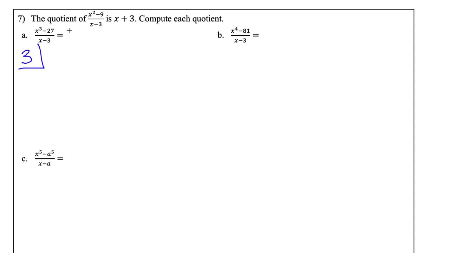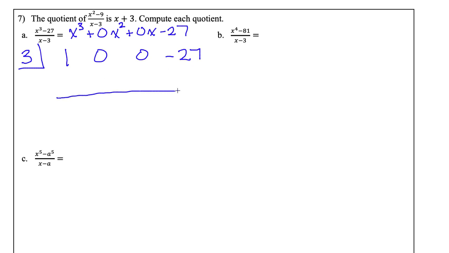Let me write this one out before I even begin my synthetic division. This is x to the power of 3 plus 0x squared plus 0x minus 27. So now it makes it much easier to figure out my coefficients for my synthetic division. My coefficients are 1, 0, 0, and -27.